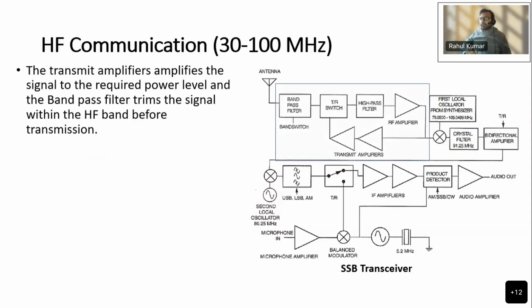The transmit amplifier, as I've explained already, amplifies the signal to the required power level, and then the band pass filter, this block, will trim the signal within the HF band before transmission.